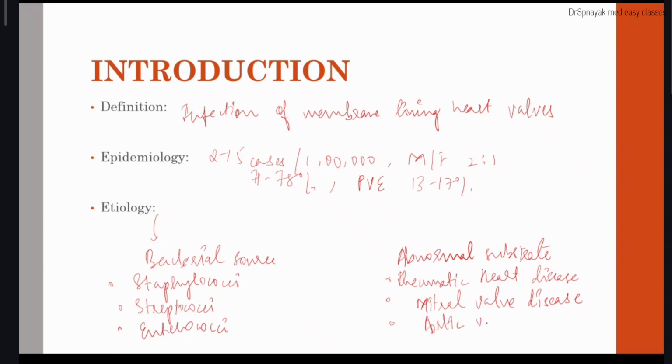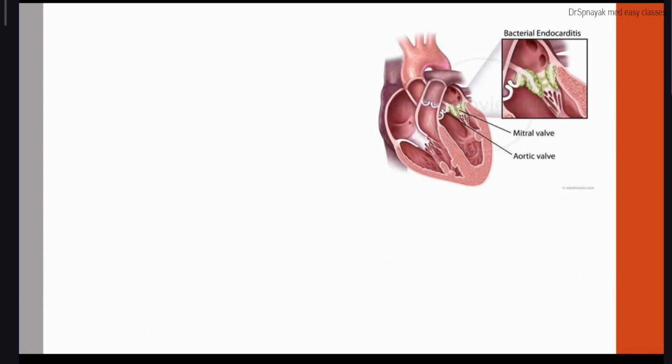These two valves are the main valves that are mainly affected. The tricuspid valve and semilunar valves are very rarely affected, and the pulmonary valve is also not affected mostly. So this was the normal introduction of this condition.